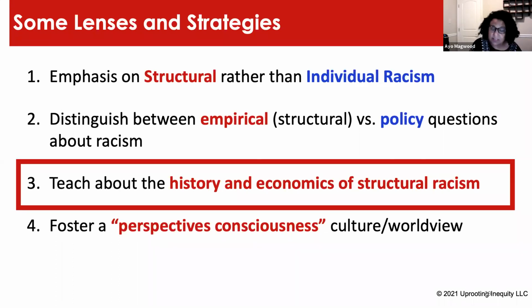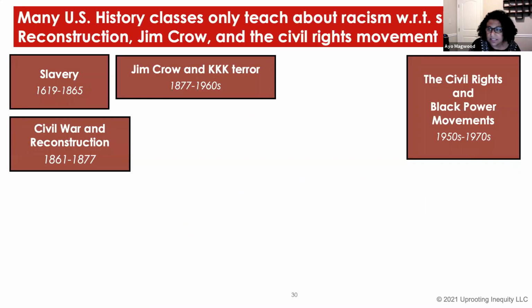Next, I'm going to talk about how you need to teach about structural racism. And of course, that's challenging for elementary school students, but let me at least show you the theory of it, right? Even at the high school level, most US history classes only teach about racism with respect to slavery, Reconstruction, Jim Crow, and the Civil Rights Movement. Think back on your US history class.